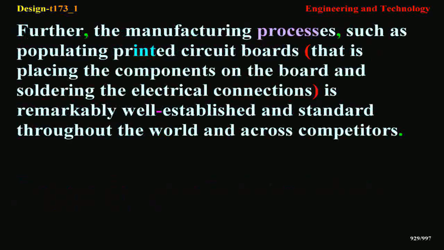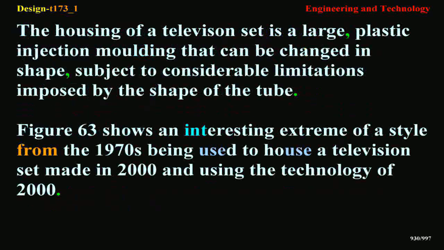Further, the manufacturing processes, such as populating printed circuit boards, that is placing the components on the board and soldering the electrical connections, are remarkably well established and standard throughout the world and across competitors. The housing of a television set is a large, plastic injection molding that can be changed in shape, subject to considerable limitations imposed by the shape of the tube.